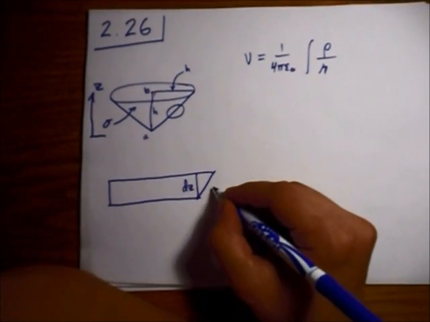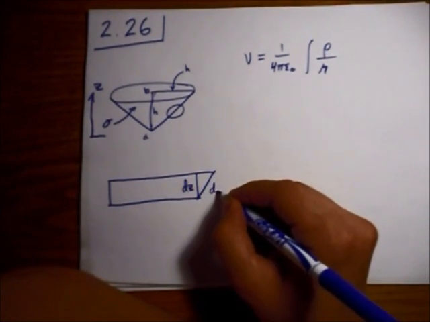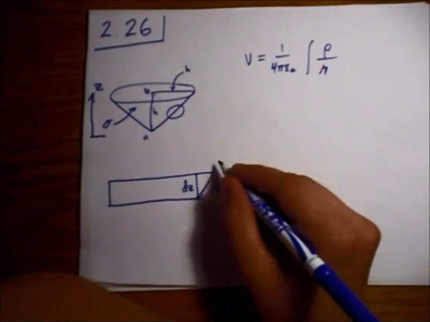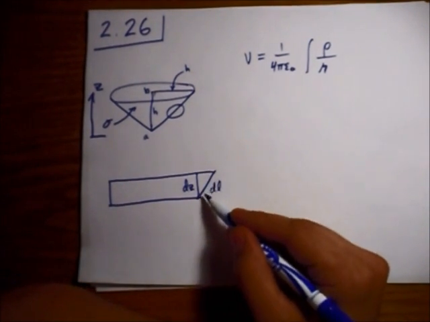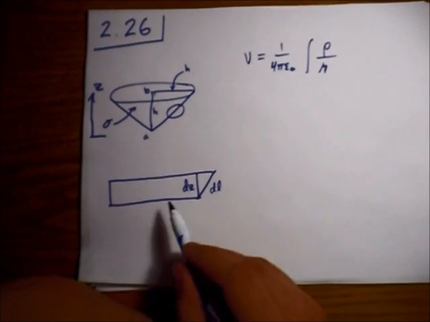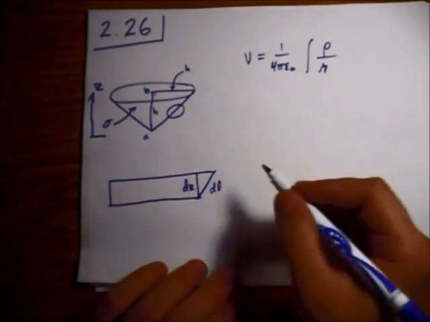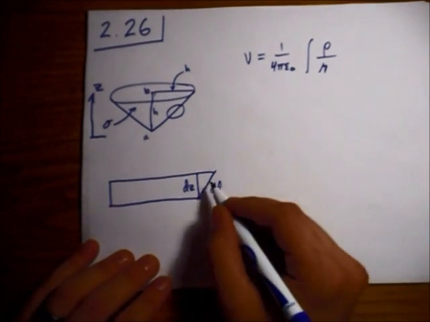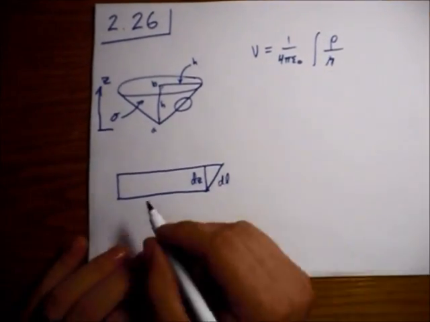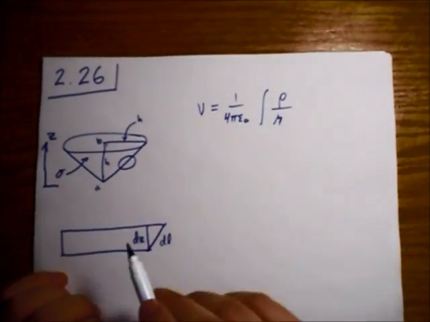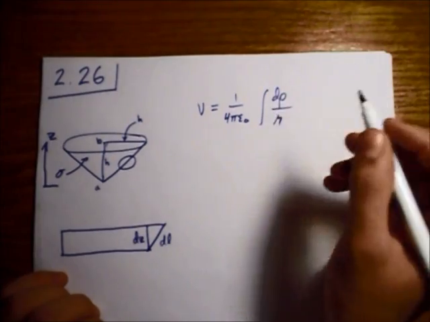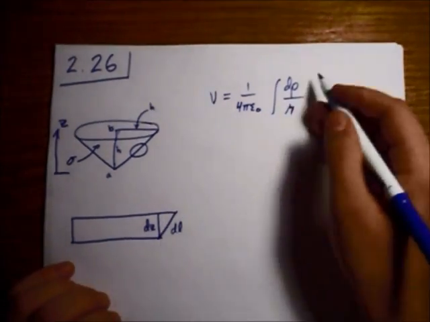I want to know what this dl is, because this is the piece that actually has the charge on it, and these are obviously not the same length. Because our piece of charge, our rho from up here, maybe I should make this a differential since we're integrating over rho.